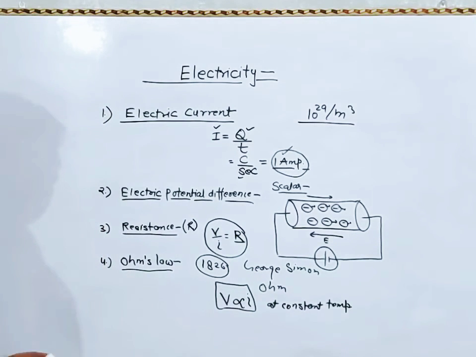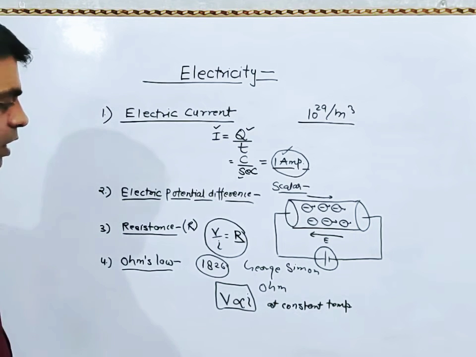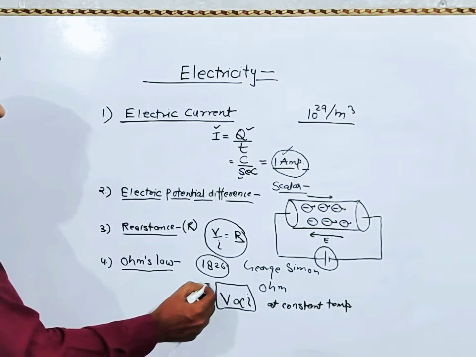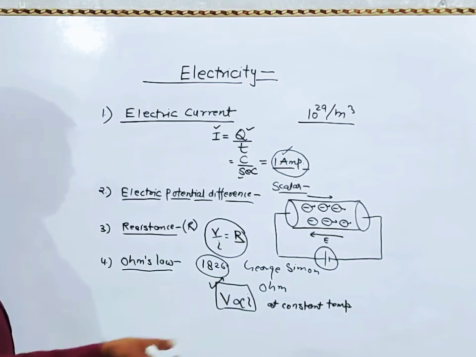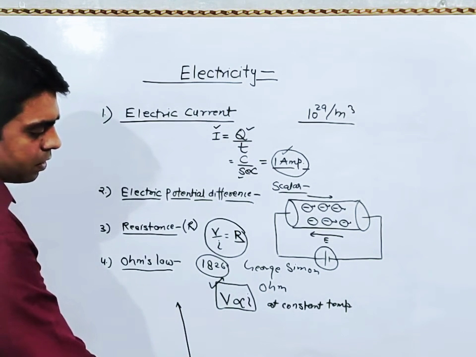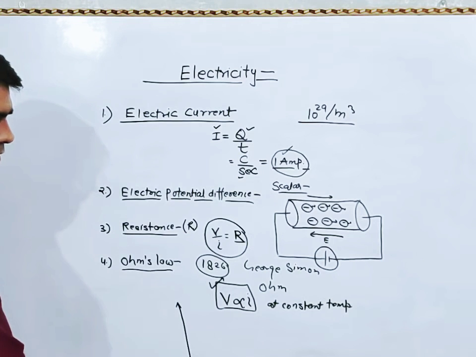So it was practically obtained by George Simon Ohm in 1826 that under the constant physical condition of temperature, the voltage across the conductor is directly proportional to whatever amount of current is flowing through it. And when he plotted the graph for the conductor, it came as a straight line. So this is called Ohm's law.